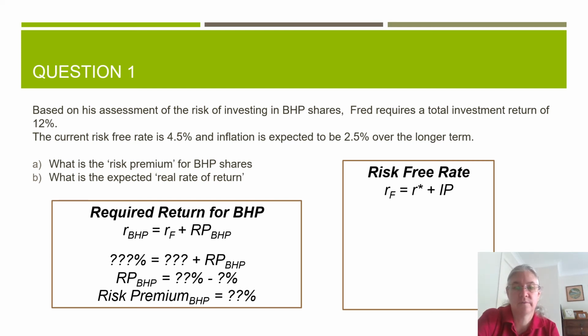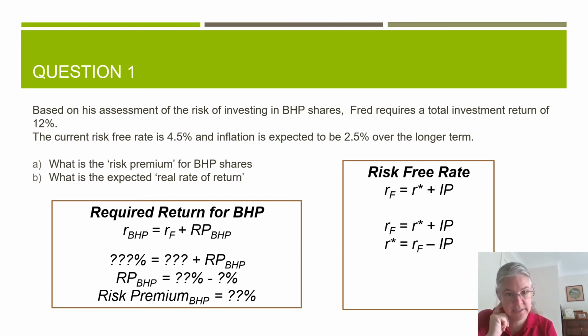So we have to rearrange the equation. We're trying to work out the expected real rate of return. Risk-free rate minus the inflation will tell you what the real rate of return is. So pause there and see if you can work it out.